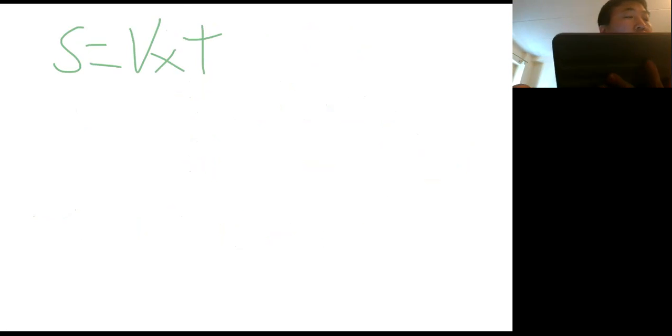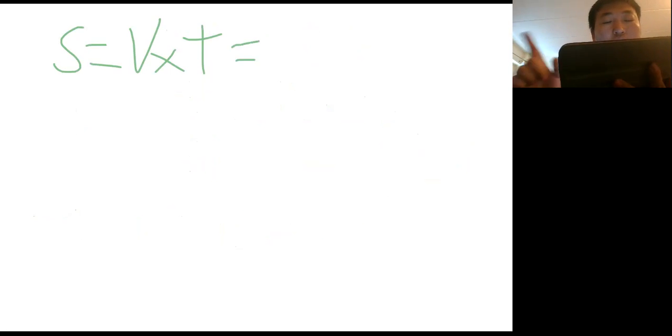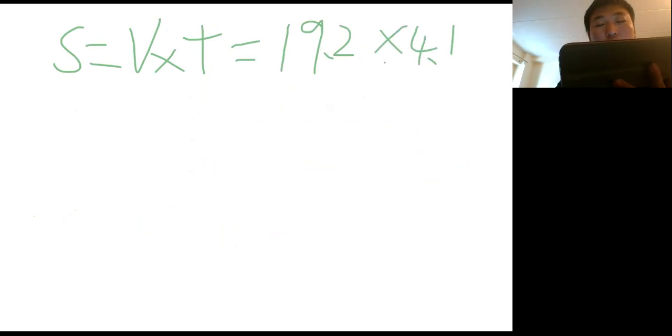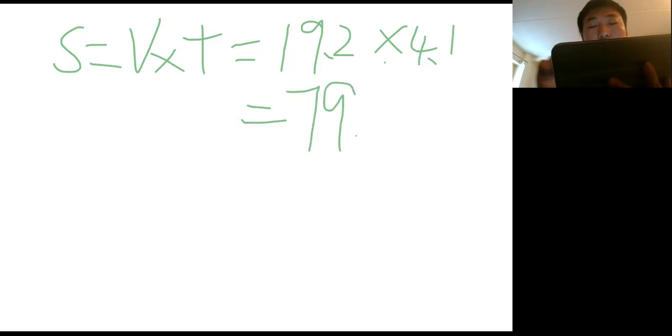Horizontally, as I talked about, because there's no acceleration, S equals Vx t. Vx is the horizontal speed and T is the time spent in the air. So Vx is 19.2 and T is 4.1, and we can easily get the distance.